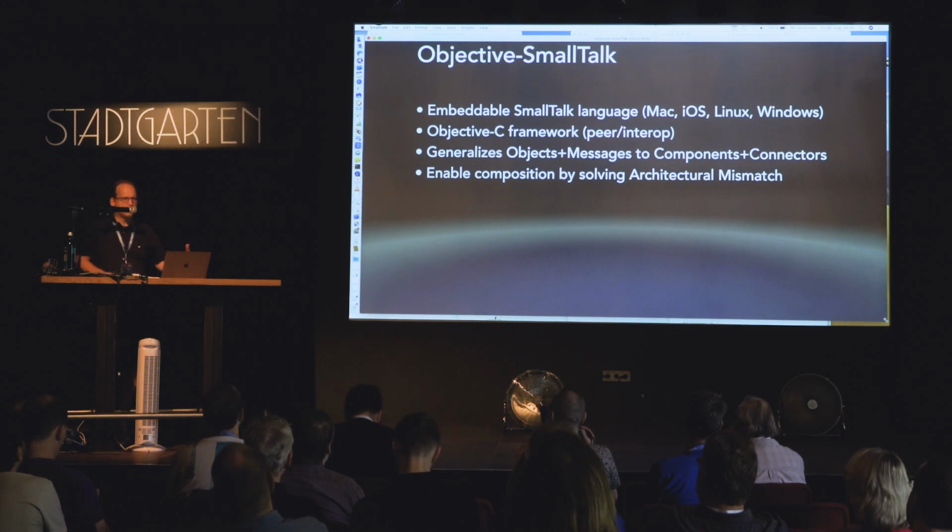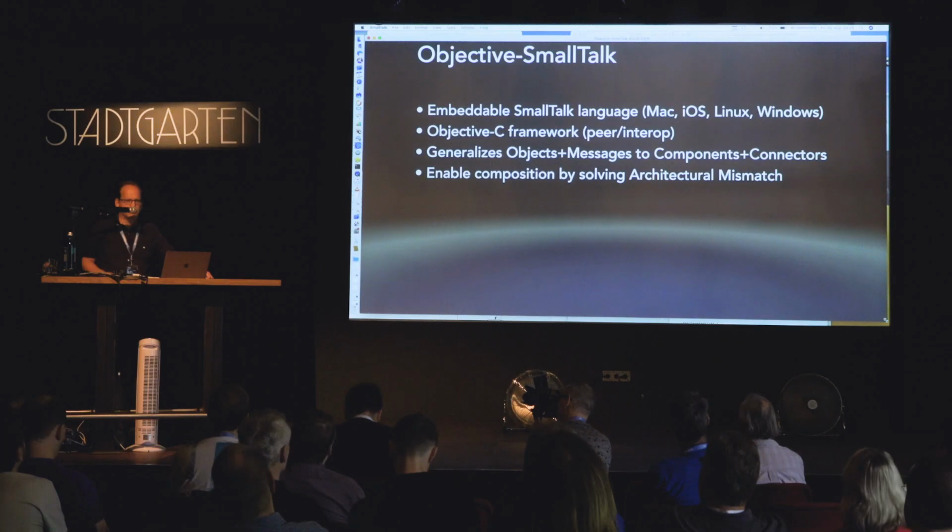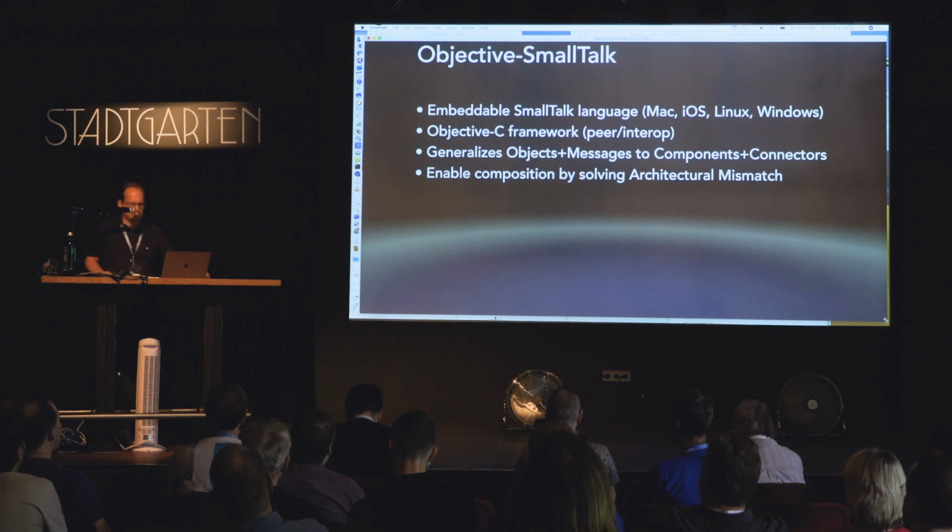That's sort of the basic thing of what it is, and then there's the where did it come from, why is it here? And that's really most of what I want to talk about today. The thing is, it generalizes objects and messages to components and connectors. And it does this in order to solve architectural mismatch, which I think is one of the major problems we face today in software construction, and therefore enable composition.